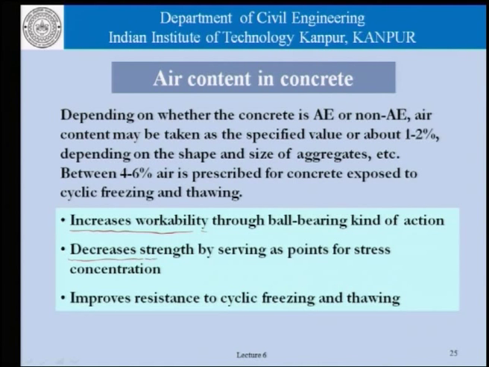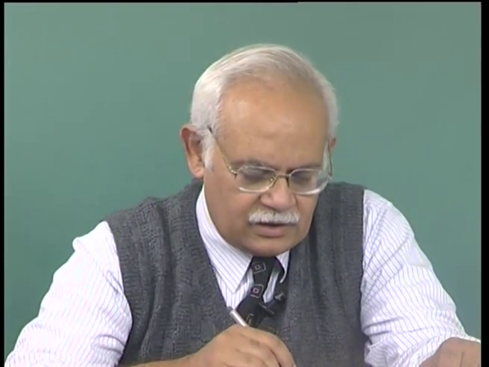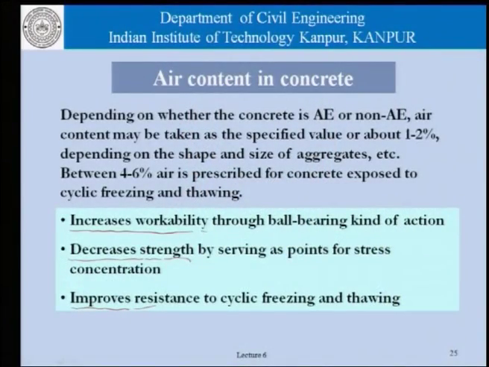There is a tendency for some decrement in strength as the air particles serve as points for stress concentration, and also basically they are voids, and at the end of it, the higher the voids, the strength has to be low. Then it improves the resistance to cyclic freezing and thawing.